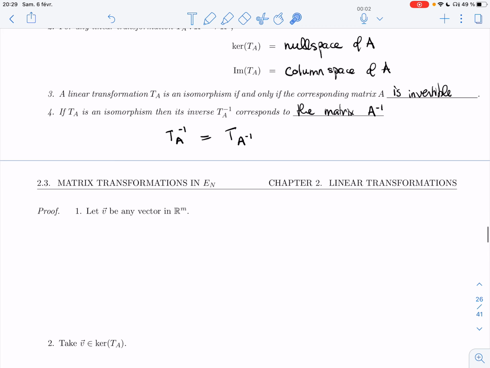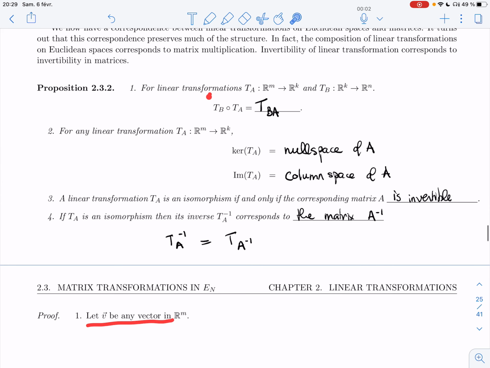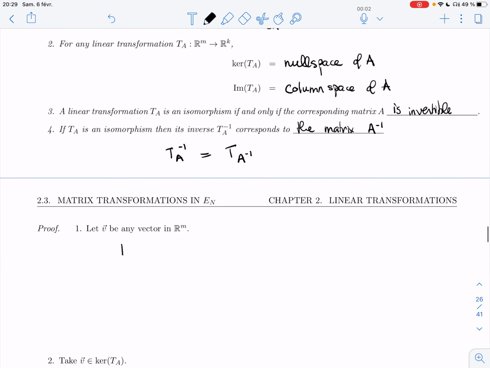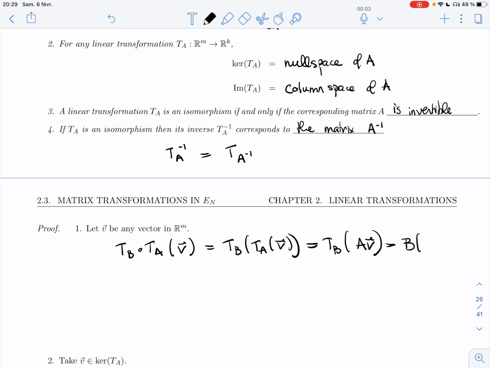All right, so let v be any vector in R^m. I want to prove that these two maps are the same. So let's just spell out what they are on v. If they are the same thing on a random vector, then they'll be the same thing. The composition means that you apply T_A first, and then T_B. Applying T_A just means multiplying by A, and applying T_B just means multiplying by B. Multiplication of matrices is associative, so I can change the parenthesizing.